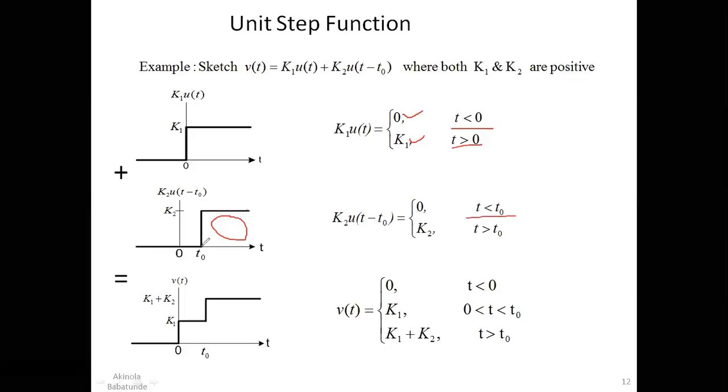Then it will be equal to k2 for t greater than t naught, because that will be like a step function from here. So it goes up here to k2, and then remains constant for all the values of t greater than t naught.